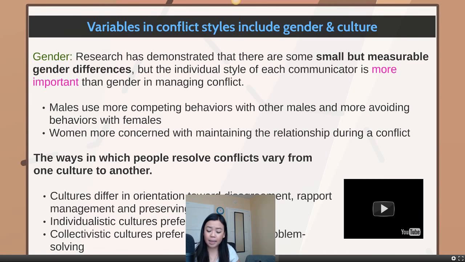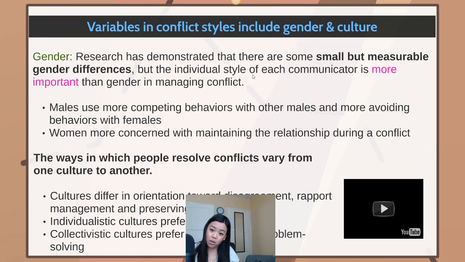Again, these are generalities. Studies overwhelmingly find, as you can see here, that the individual style of each communicator is more important than gender. So while gender comes into play, ultimately your individual personality and your conflict style choices play far more into how you will deal with a conflict than your gender will.